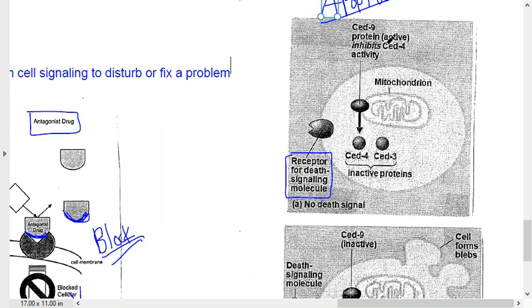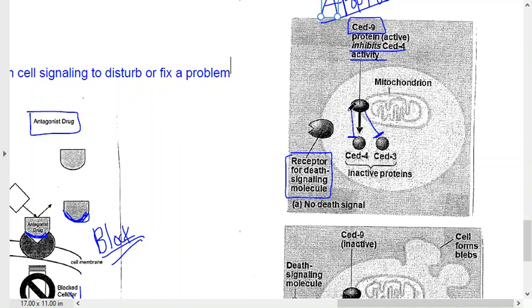But on the mitochondria, you have proteins called SED9. And these proteins inhibit SED4. That's what they do. They inhibit SED4 and SED3. So think of SED9 as a bully, right? It's preventing SED4 and SED3 from doing their jobs.